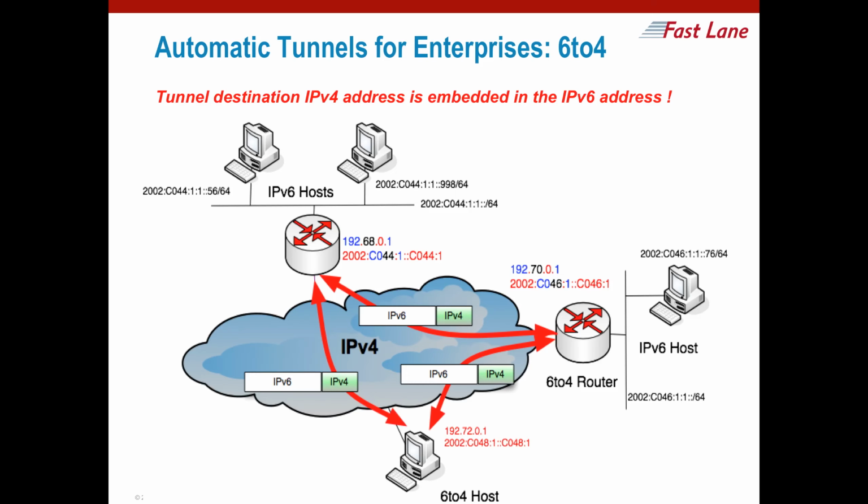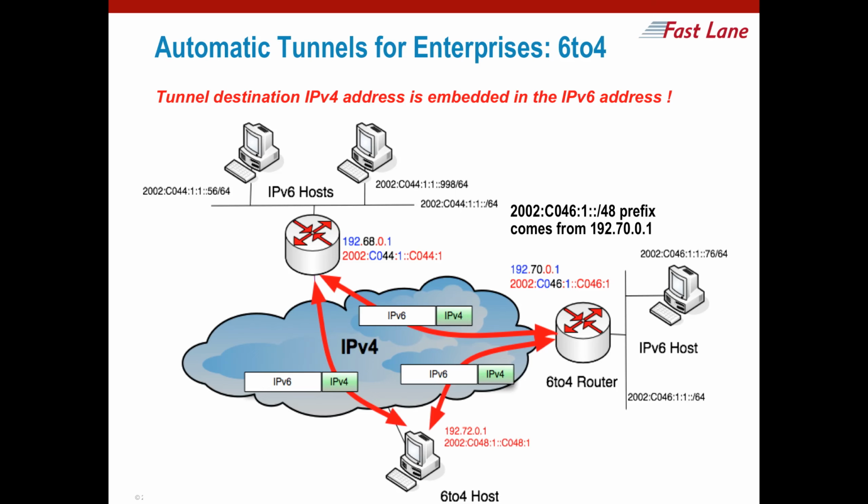One problem is that you don't need to configure the destination IPv4 address of the tunnel, because the destination IPv4 address is derived from the IPv6 address. Also, you don't need to request an address, because an IPv6 address is automatically provided from this reserved block. If you see the example here, 2002 is 2002, C0 is 192, 46 is 70, and 1 is 1.